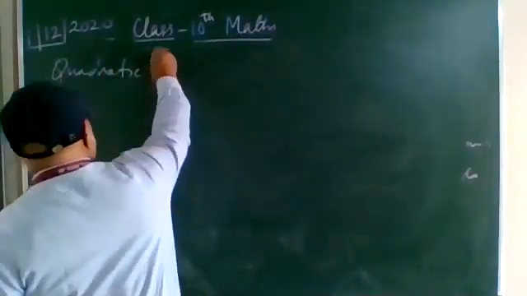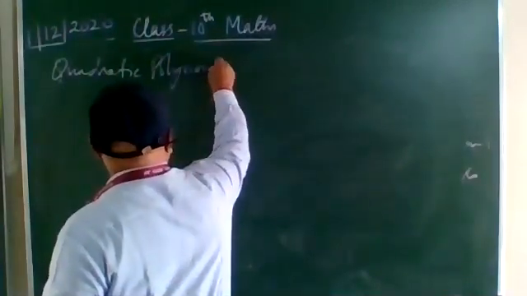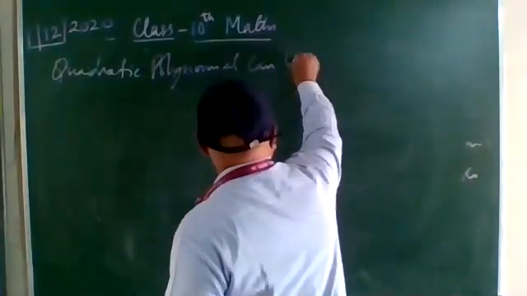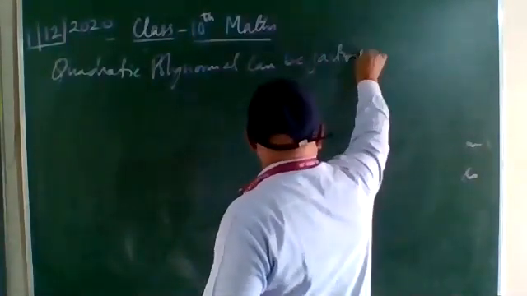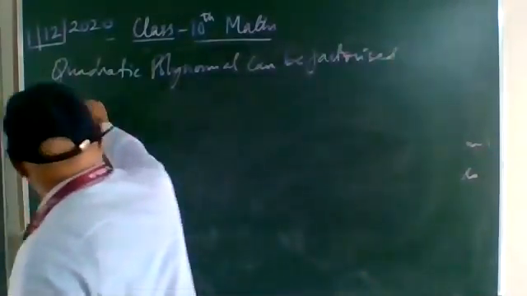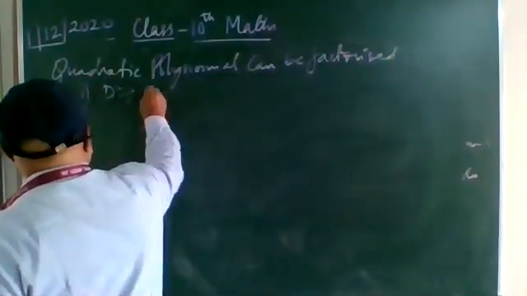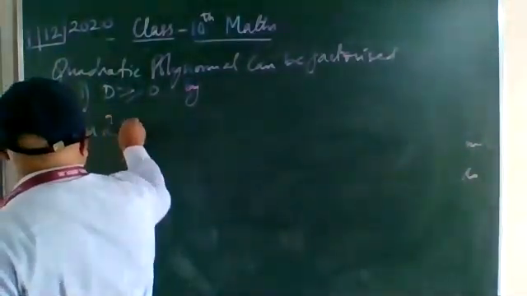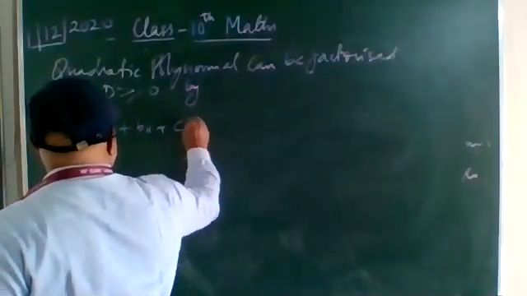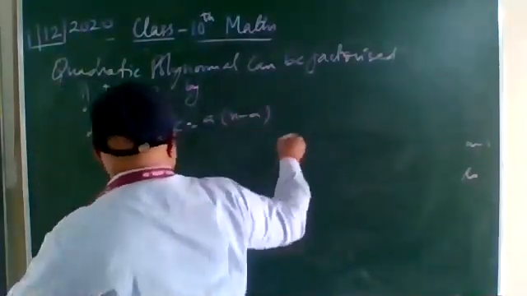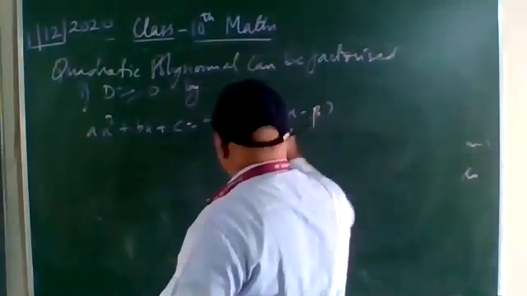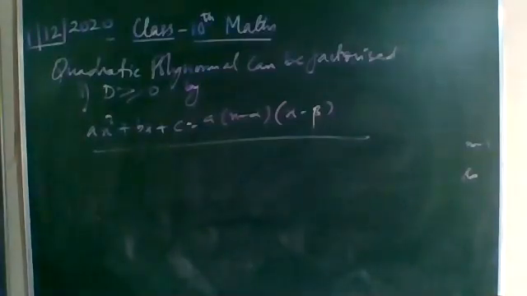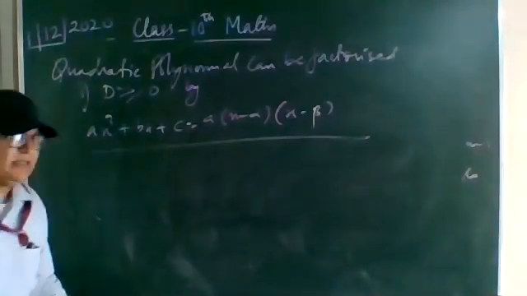A quadratic polynomial ax square plus bx plus c can be factorized if D is greater than or equal to 0, as a into x minus alpha and x minus beta. This is the formula.